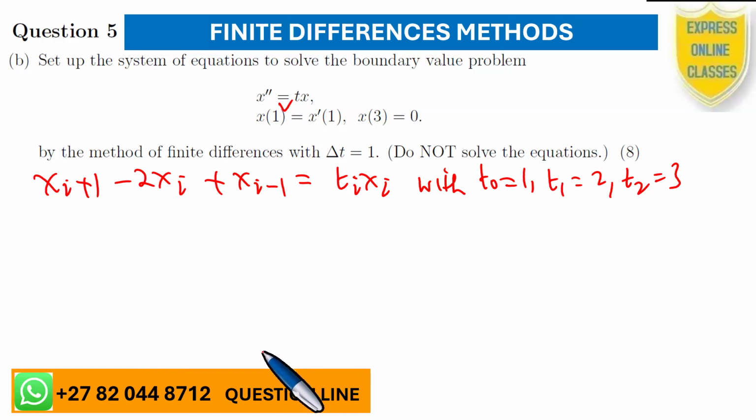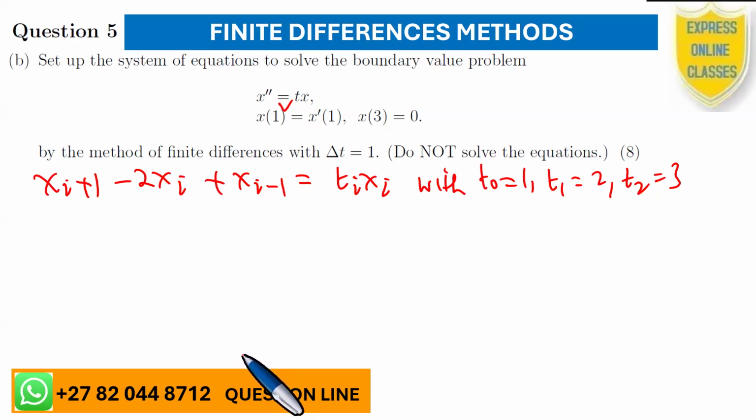Check that. And then there's more we need to deal with here.